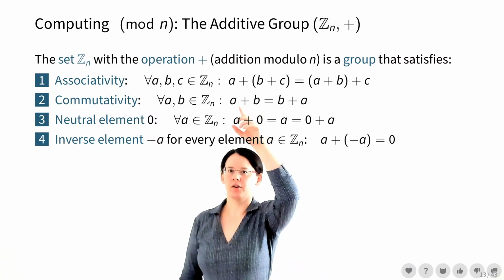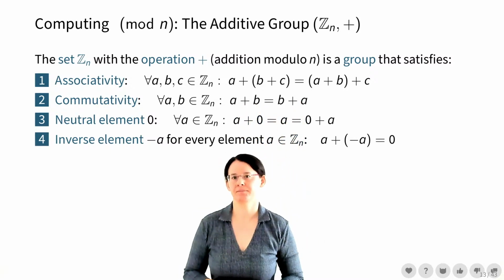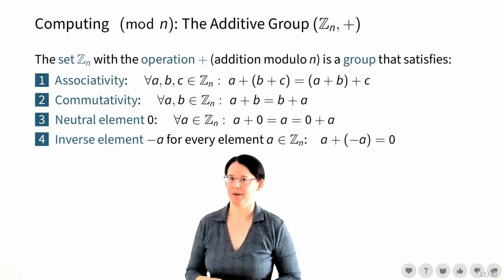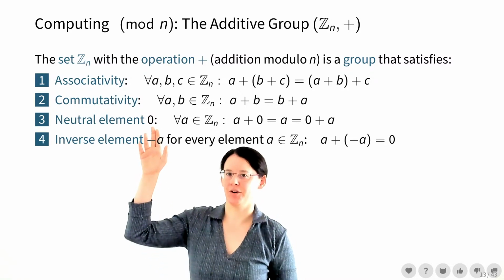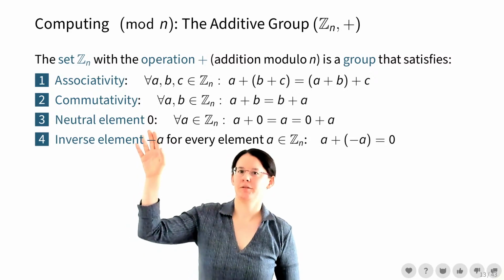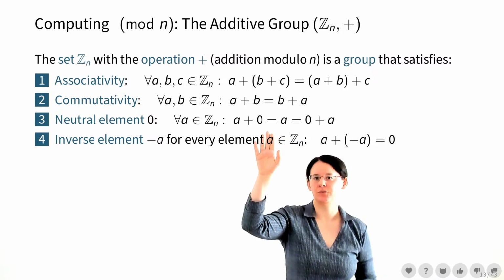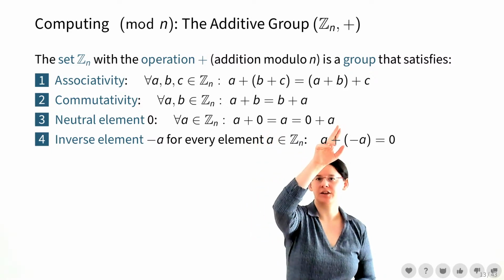Addition is also still commutative, so you can swap the order of operands. And we have some magic elements. We have one very magic element, which is called the neutral element, which means if you combine any other element with it, so add this neutral element 0 to it, nothing actually changes.